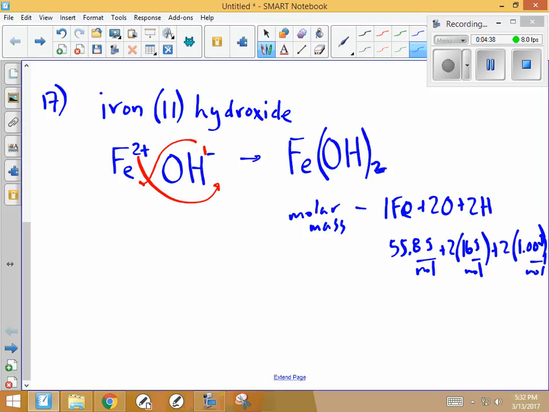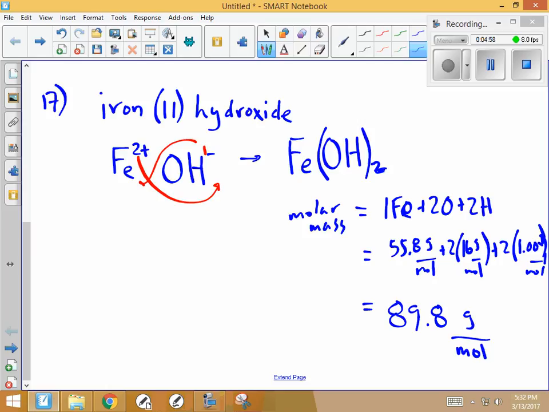When we work out this molar mass, we get something like 89.8 grams per mole. That's the molar mass for iron hydroxide.